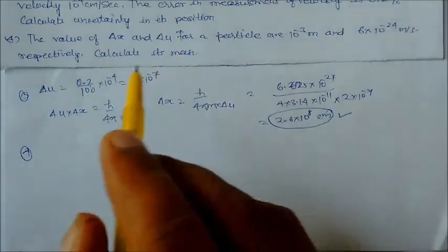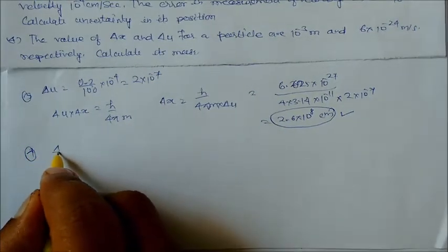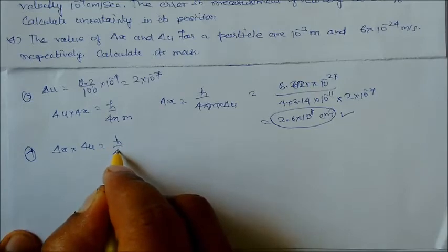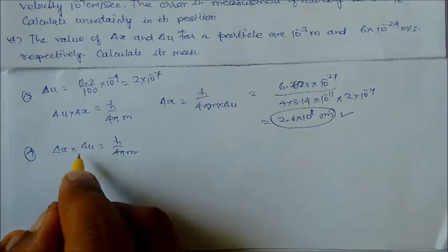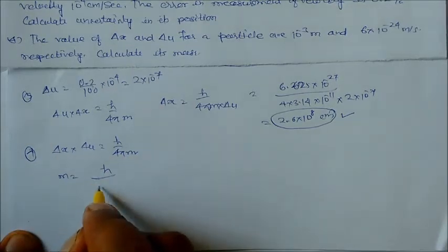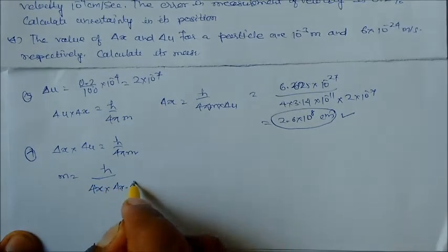Calculate its mass. For mass, again delta x multiplied by delta u is equal to h by 4 pi m. This is the principle. Rearranging, putting mass on this side, m is equal to h divided by 4 pi into delta x into delta u.